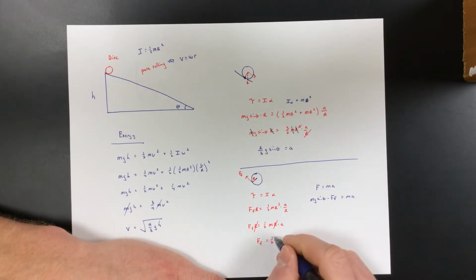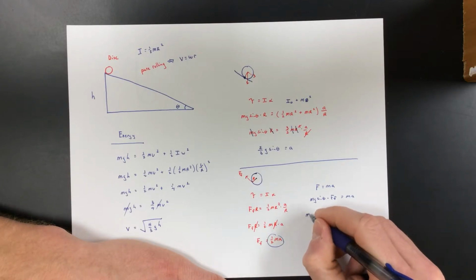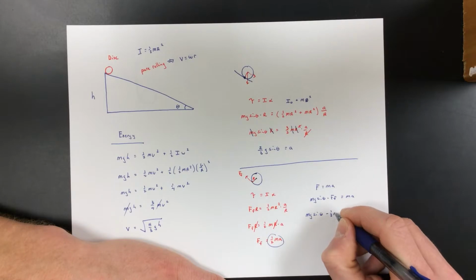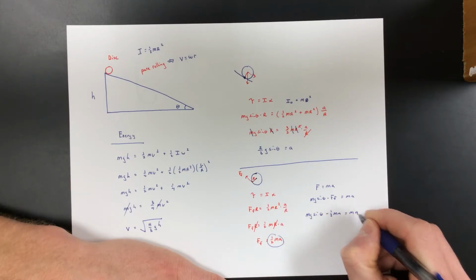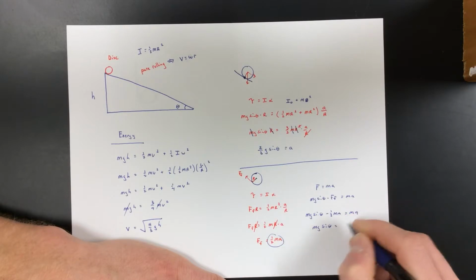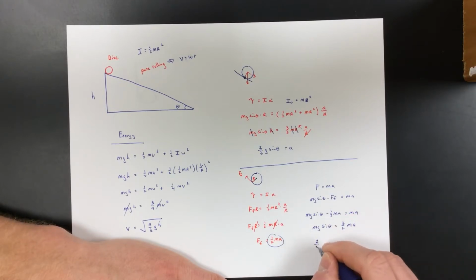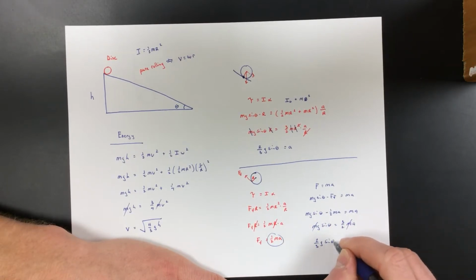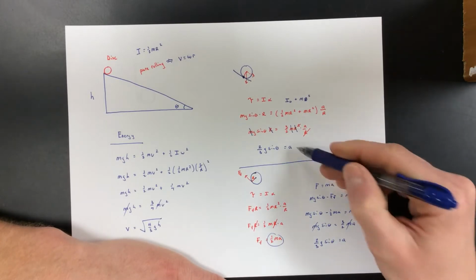So now let's go ahead and take this value and put it in over here. And so we get mg sine theta minus 1/2 ma equals ma, and then you're going to get the same thing. When you move that over to the other side, you get 3/2 ma, and then of course you get 2/3, masses cancel, g sine theta equals a. And it gives us the same thing.